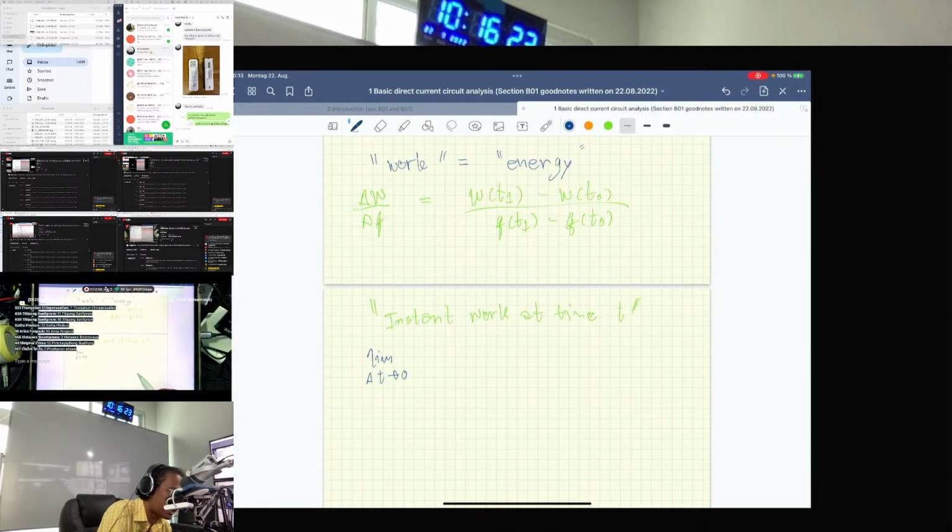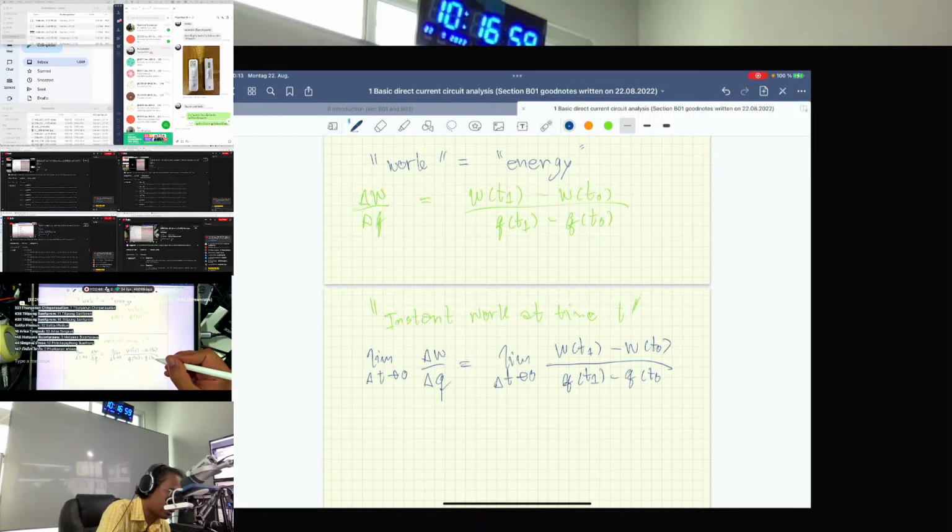Okay, the two times are different, the time t1 is very close to t0. You're going to have delta W by delta Q as the limit, delta t to 0, of that ratio, which is W at t1 minus W at t0, over Q at t1 minus Q at t0.